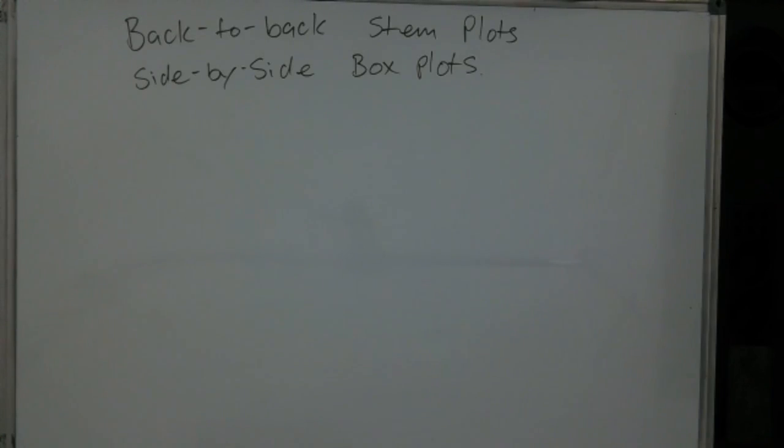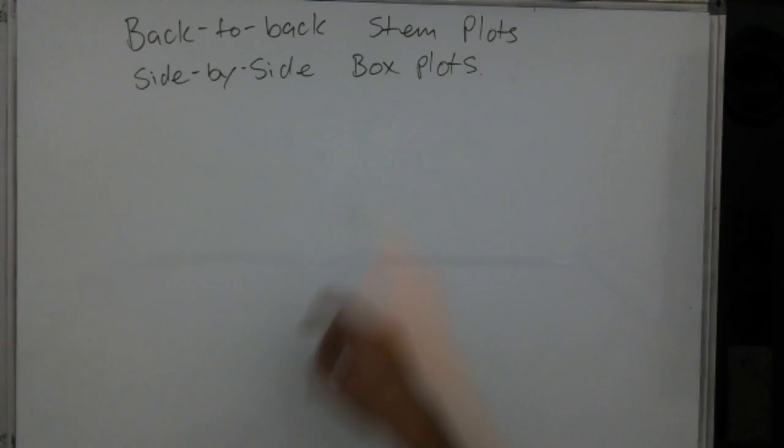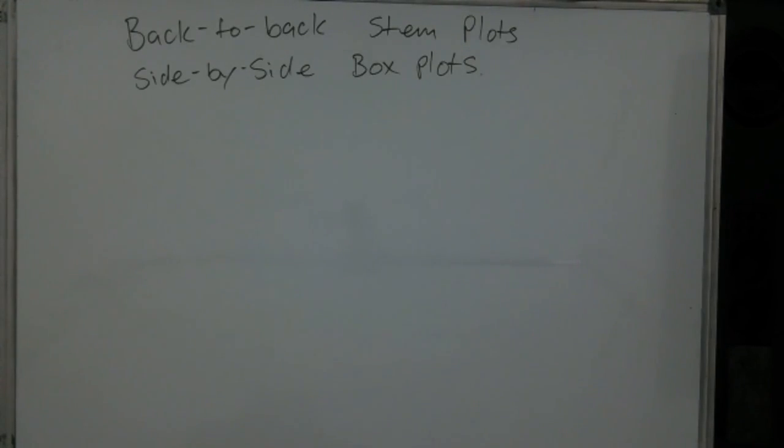Okay, I think this is going to be the last video in the data unit. So this is essentially consolidating all the stuff we know we can do with stem plots and box plots, and in this little bit we're going to be looking at when we're comparing two sets of data to each other, but it's important that the data is the same type of data, but we can essentially compare two groups with how that data sits.